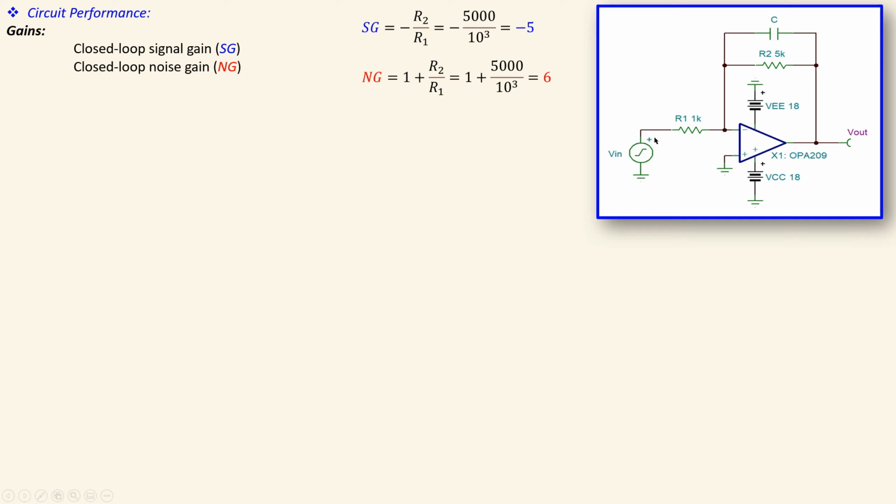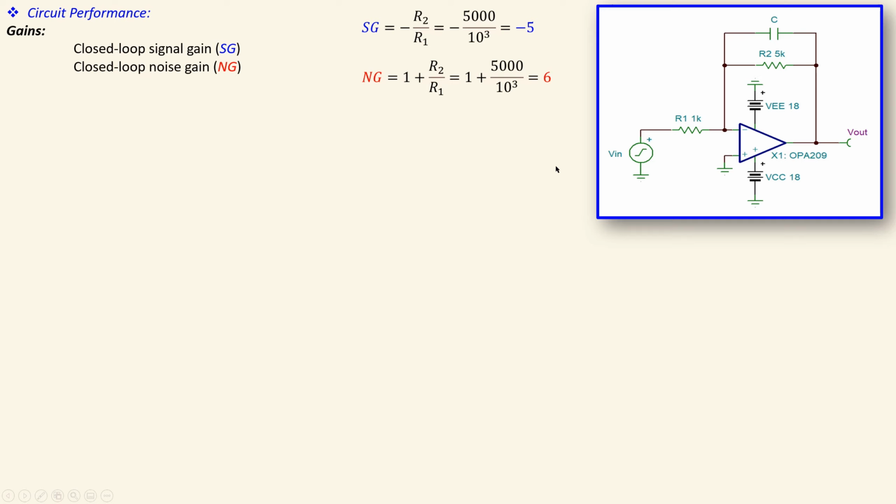Again, the signal source is a short because it is disabled for noise analysis. So you have 1 plus R2 over R1, and 1 plus 5000 over 1000 will be 6. So you can see the noise gain is different than the signal gain. In the absolute sense, the signal gain is just 5, but the noise gain is larger, so you have 6.